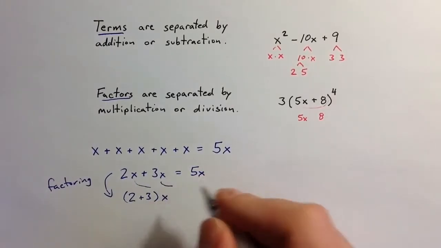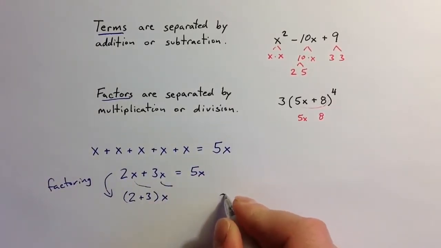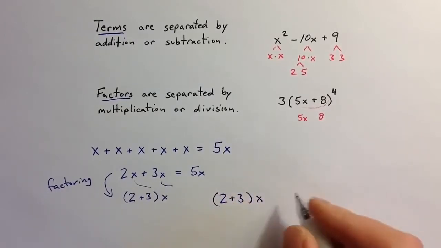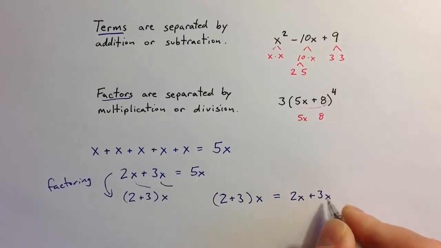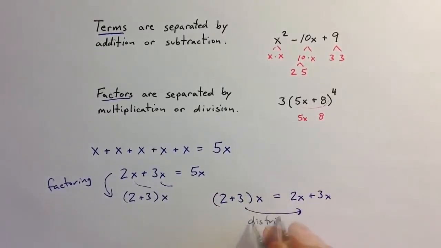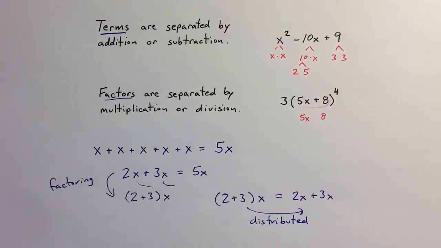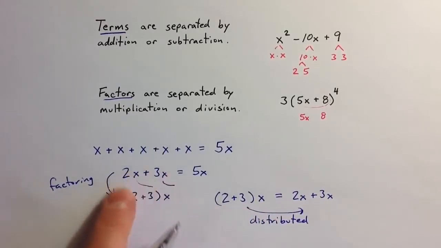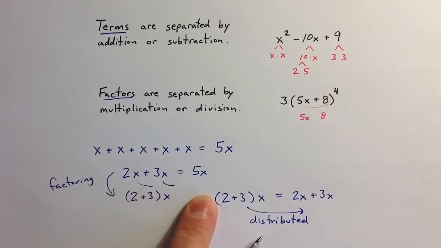Going back the other way, if I start with 2 plus 3 times x, I could turn that into 2x plus 3x by distributing. Because of the essential nature of what multiplication and addition represent, we can distribute a multiplication across terms, or we can factor a common factor away from terms.